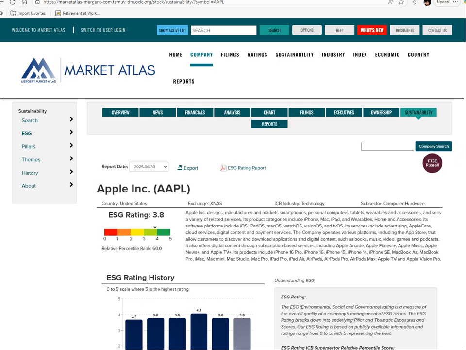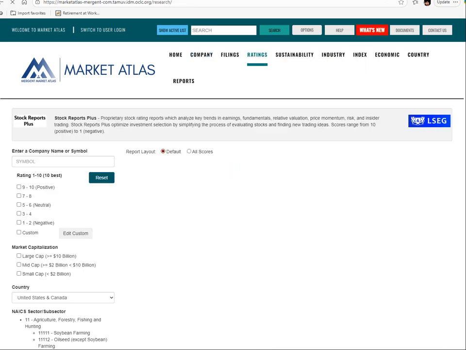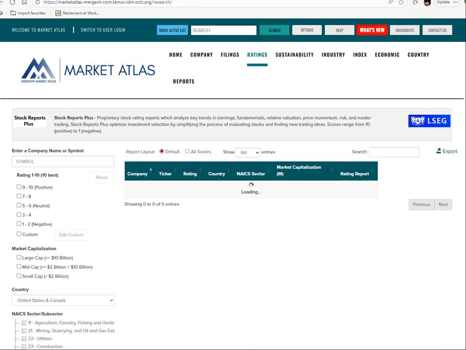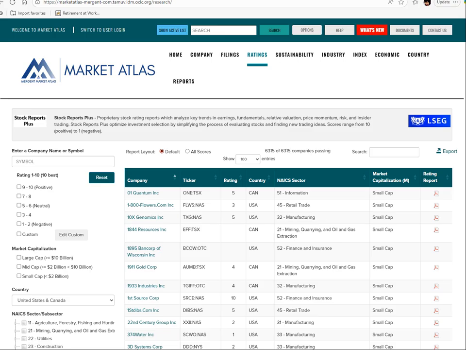Alright, so that's for a single company search. Let's check other features. You can find filings. You're gonna check all the filings from the SEC and ratings. Right, you can get the rating report for most public companies worldwide.